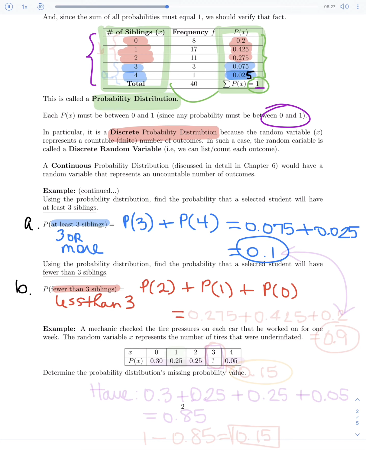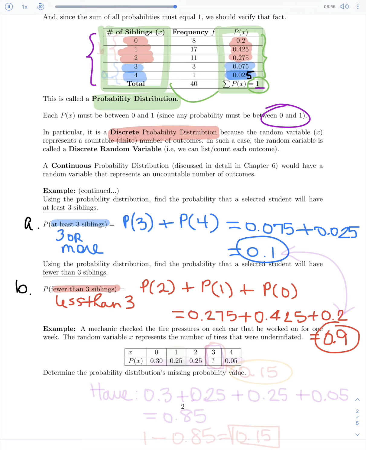According to our chart, the probability of having 2 siblings is 0.275, selecting somebody with 1 sibling is 0.425, and having none is 0.2. Then all we do is add up all those values: 0.275, 0.425, and 0.2, which gets us 0.90.